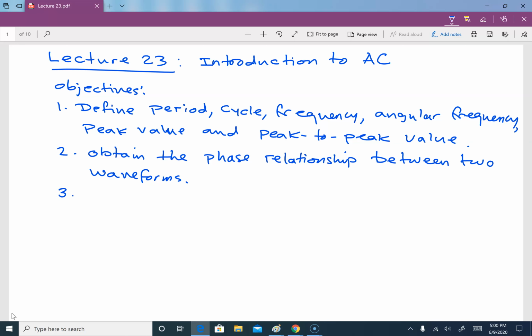The third, to understand the terms leading and lagging.